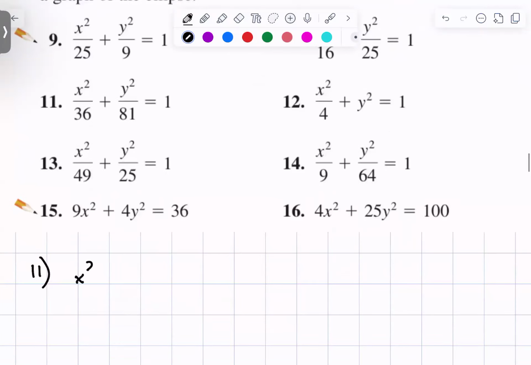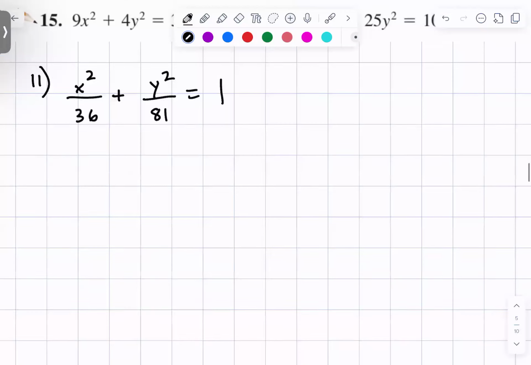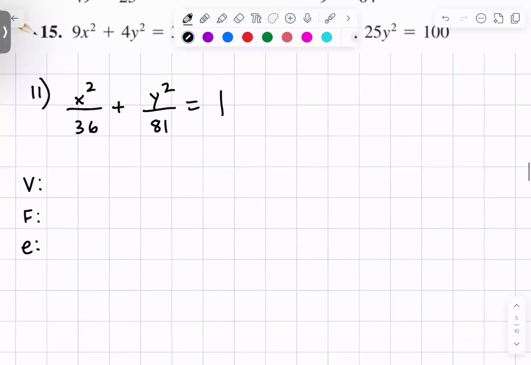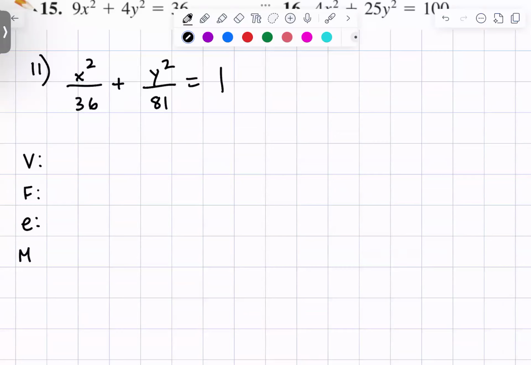We have x squared over 36 plus y squared over 81 equals 1, right? And we have to find the vertices, the foci, the eccentricity, and the length of the major axis and the minor axis.